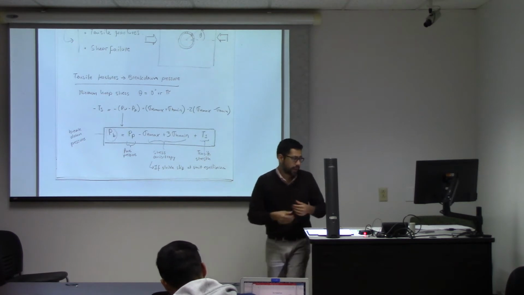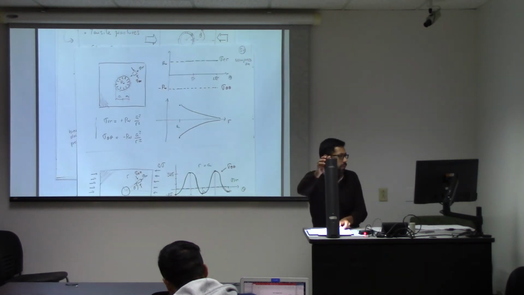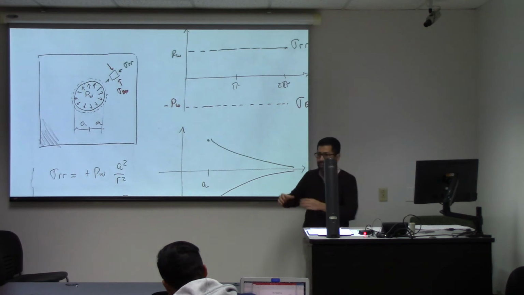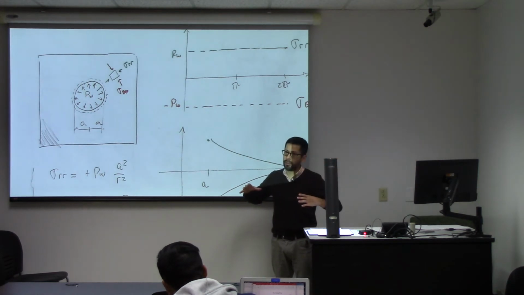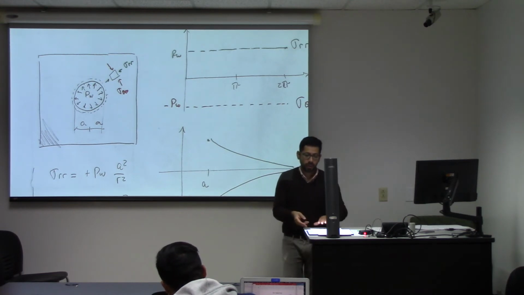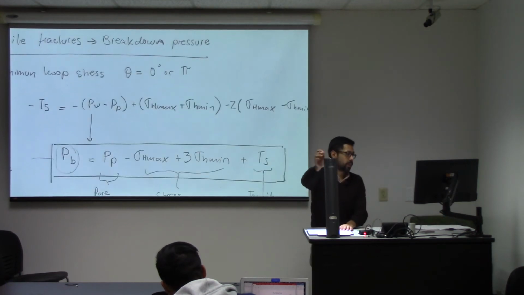Remember that we said that whenever you increase the pressure in the wellbore, this is going to cause tensile stresses around the wellbore. And if you increase too much the pressure in the wellbore, you can cause tensile fractures. And the equation that now allows us to calculate that is this equation over here.